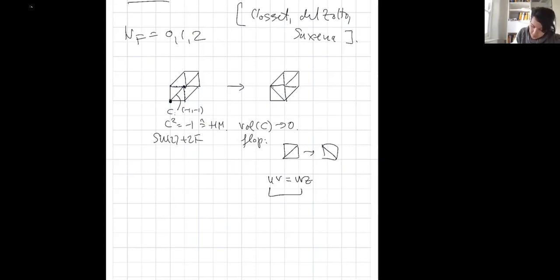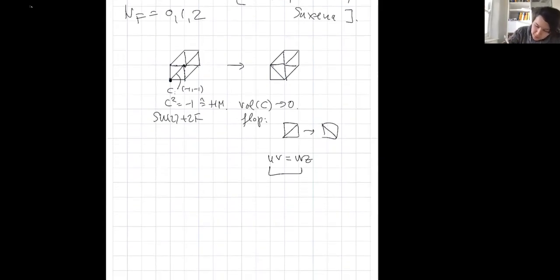Now, in the interpretation that we had, in this M theory to 5D gauge theory interpretation, this isn't just a mundane operation. In fact, if you now look at this curve that we've obtained here after the flop, that curve doesn't intersect the divisor S. So let's call this C prime. Right, so C prime dot S is in fact 0.